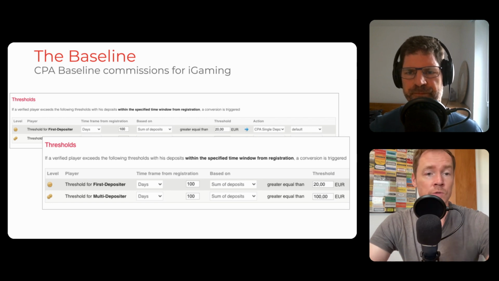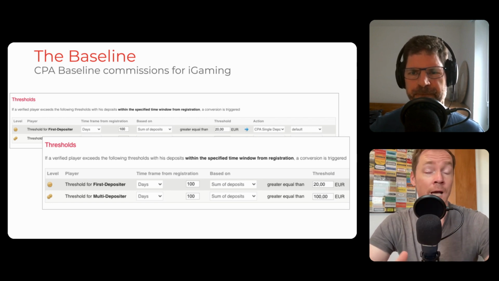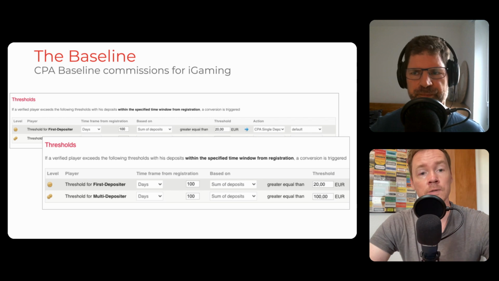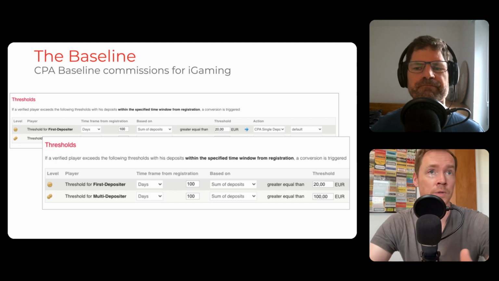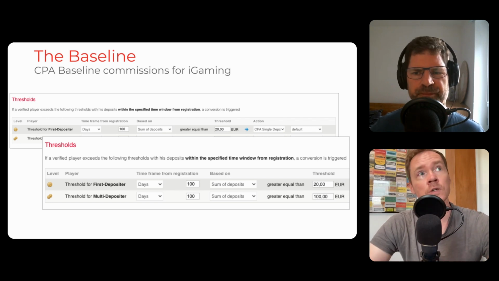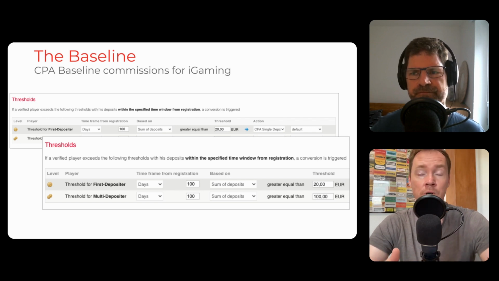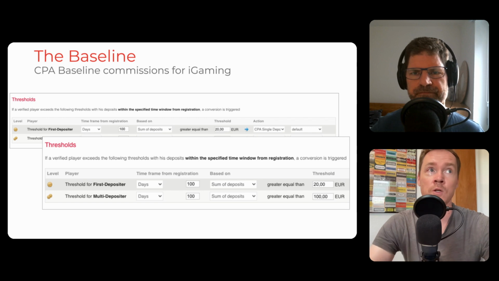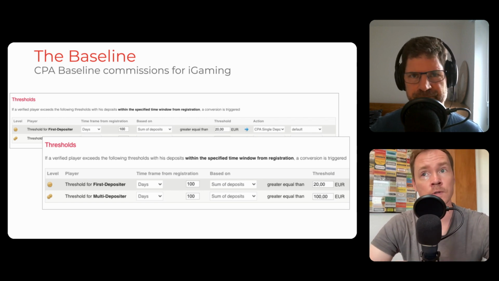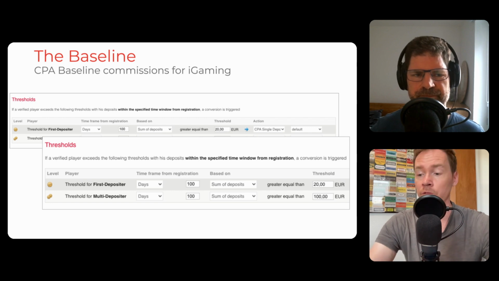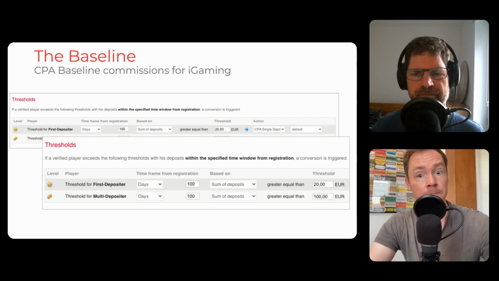You as a user can determine a time frame that a player has for his first deposit and a time frame for a second deposit or multi-deposits. And you can define the base for this threshold. You can decide based on the sum of deposits, or based on the number of deposits. And for each kind of threshold, you define the baseline.